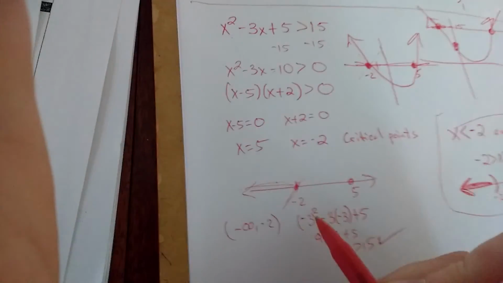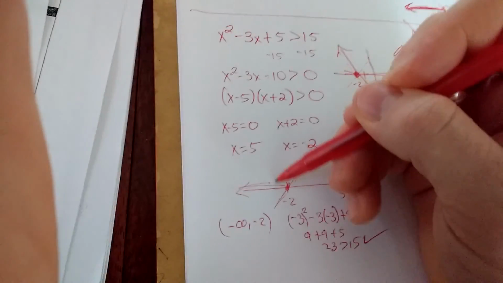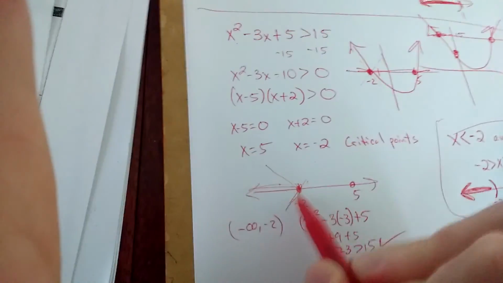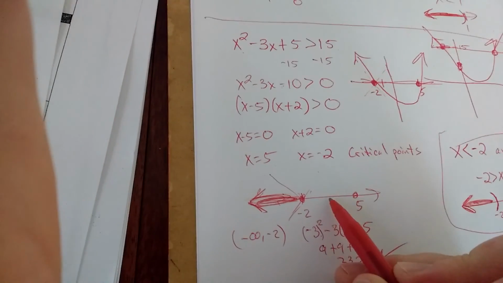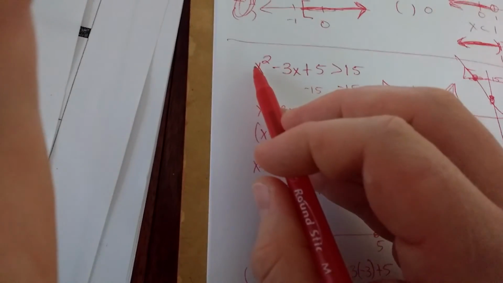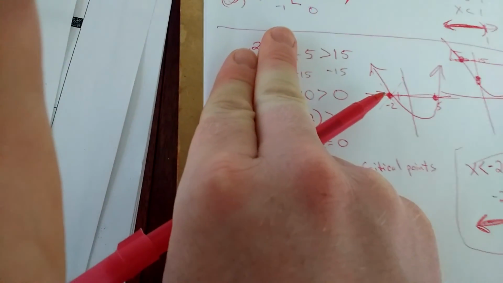That's a true statement. And since that one worked, all of those will work, because that's just telling me it must be above, and then it comes below through that point. So all of those will work. If you were to pick a point in the middle and test it, like 0, 0 is always a great one to test. It's easy. Plug that in, 0, 0, 5 is greater than 15. That's what you'd get. Is that true? Obviously not.